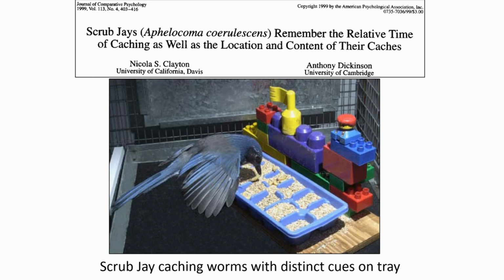So I mentioned here that these worms will naturally degrade over time at a rate much faster than the peanuts. So if you had birds that were caching worms versus peanuts, and the worms would go bad over time, if you waited a long time, the birds shouldn't then go after the worms because they would have rotted. And that's the whole logic of this experiment.